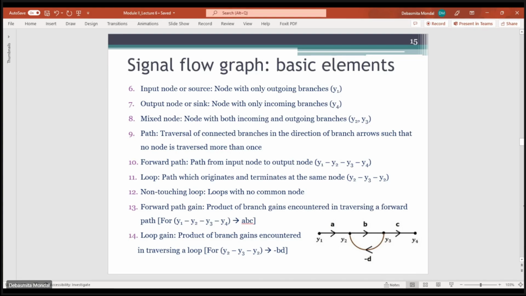If you consider this node y1, it has only outgoing branches. There are no incoming branches to y1. That kind of node, which has only outgoing branches, is known as an input node or a source node.